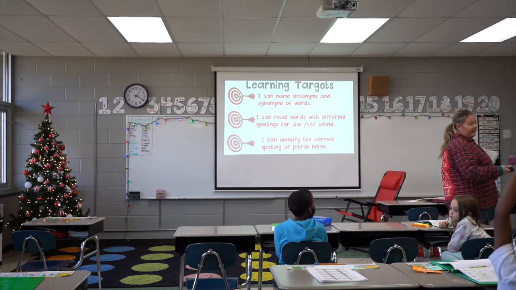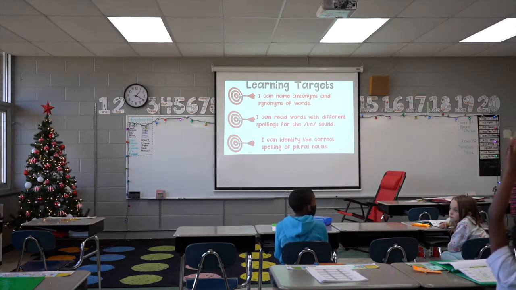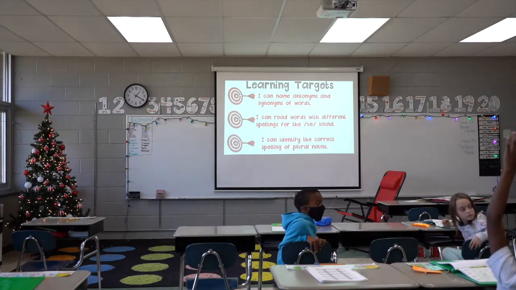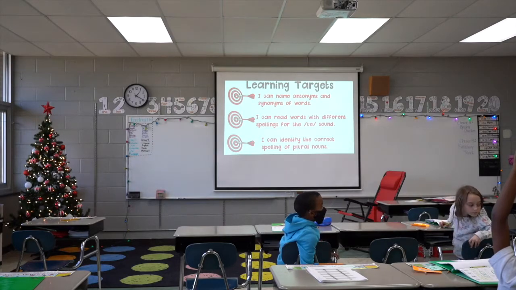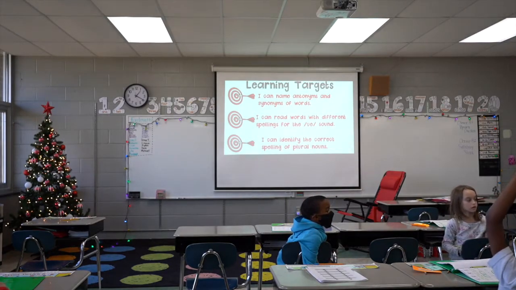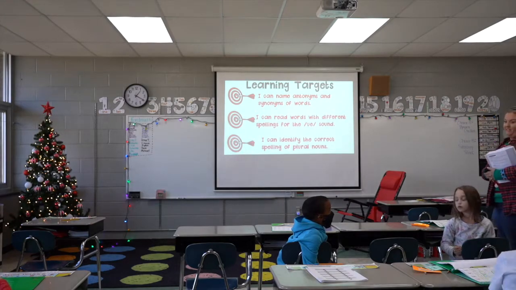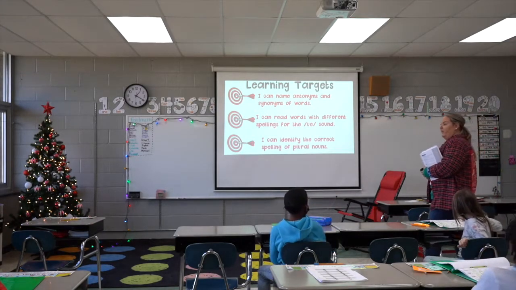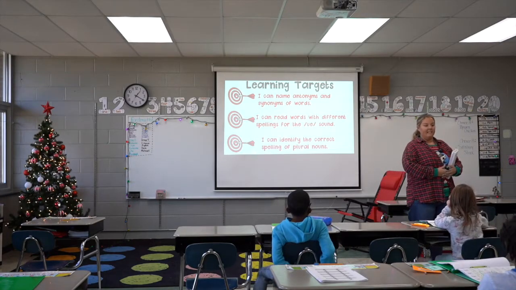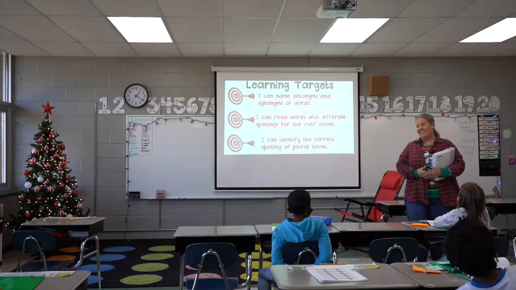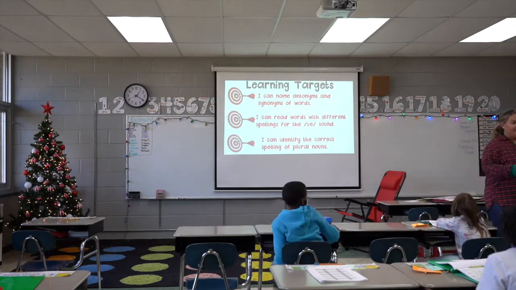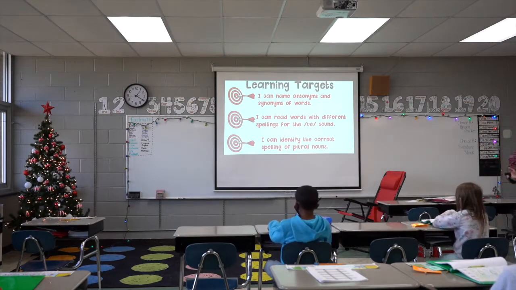Why did John know to add ES, Emmy? Because if any word ends with an X, SH, S, or CH, it has to have an ES. Yes, that's right, John. If it ends in S, X, CH, or SH, you always add ES. Very good. And then the other regular ones, we just add S.